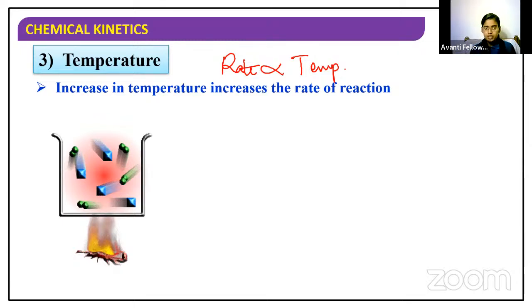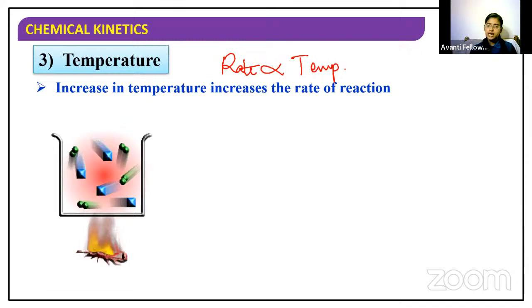So in that case, the collision between the two molecules will be much greater and the reaction will occur fast, and we will get the product very fast. By this only, the rate of the reaction is increased on increasing the temperature. Clear for all of you? So this is the concept.